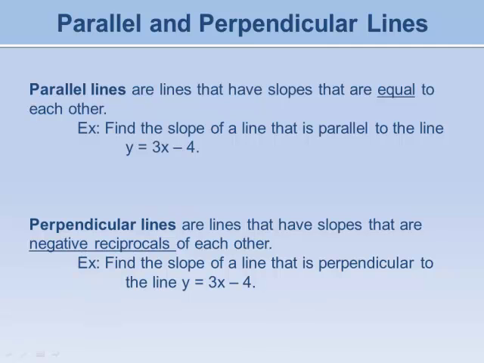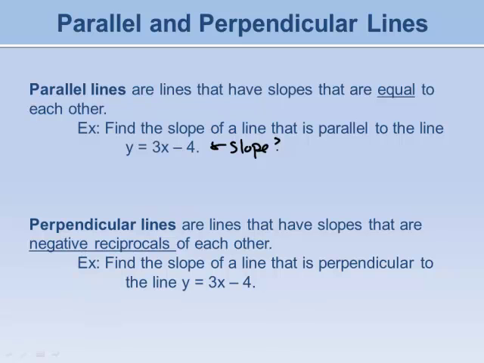All right, so now let's look at parallel and perpendicular lines. Parallel lines are lines that have slopes that are equal to one another. So, for example, if you were asked to find the slope of a line that is parallel to the line y equals 3x minus 4, the first thing you would need to do is find the slope of the given line.